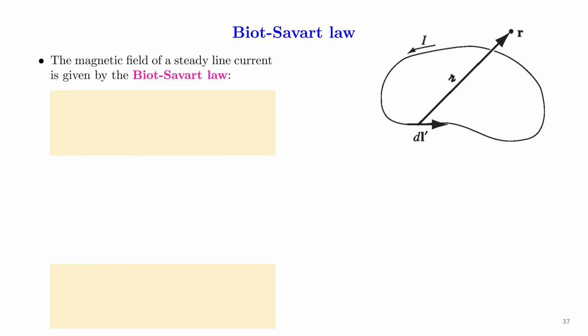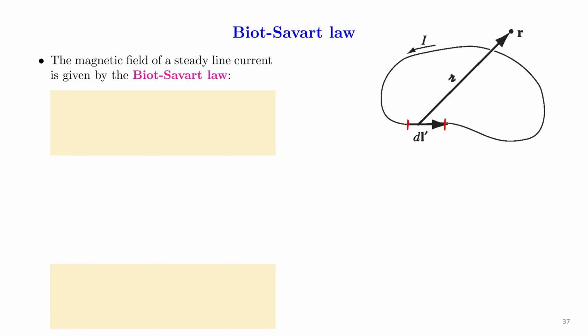Let us now consider a loop which is carrying a current. The loop is assumed to have an arbitrary shape. We now consider a very small element having length dl. So dl is a source point, and we want to calculate the magnetic field at a point with position vector r.